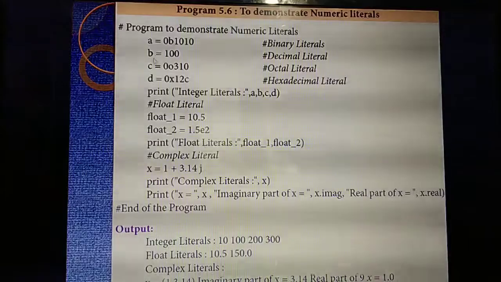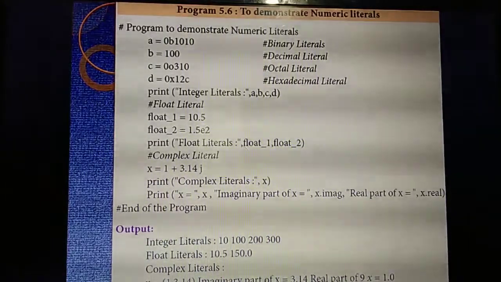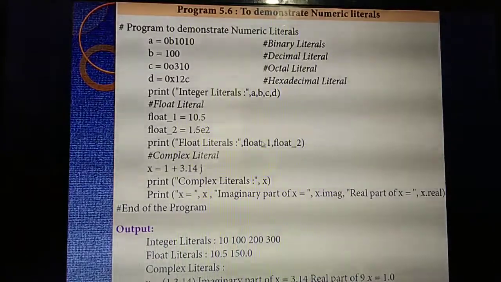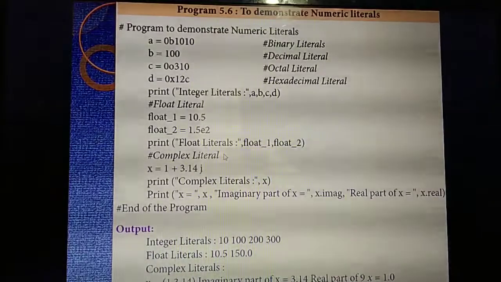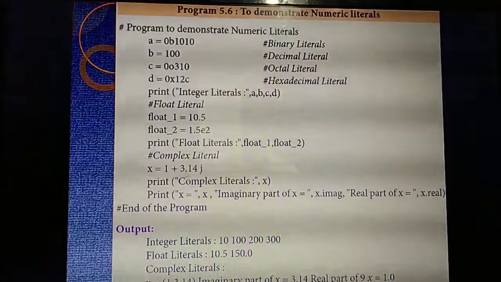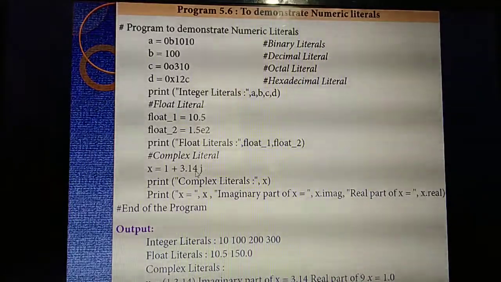First I am printing integers. Next I am printing floats. What are the variables I have given? Float 1 and float 2. So I need to print float 1 comma float 2. Understand? Next thing, complex literal. This is a complex format: 1 plus 3.14j, with an imaginary part as well as a real part.